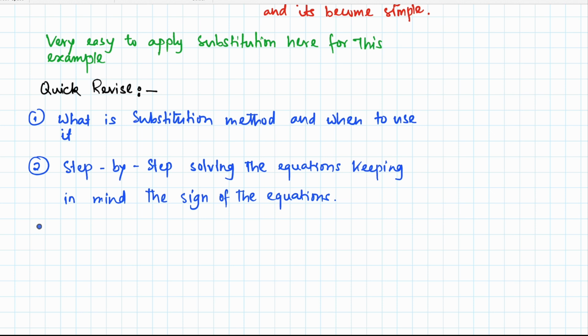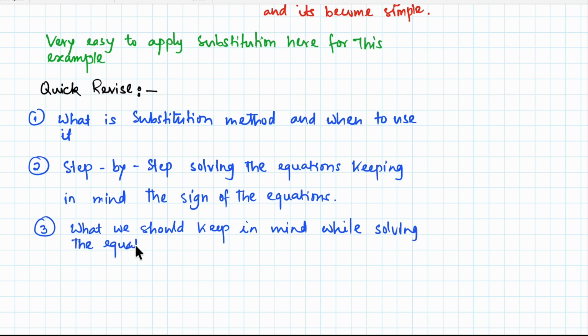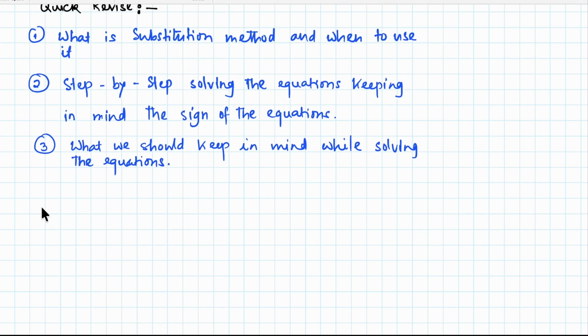And third, what we should keep in mind while solving the equations, that is mainly the sign, expressing one variable in terms of the other, substituting it properly, and again solving it.